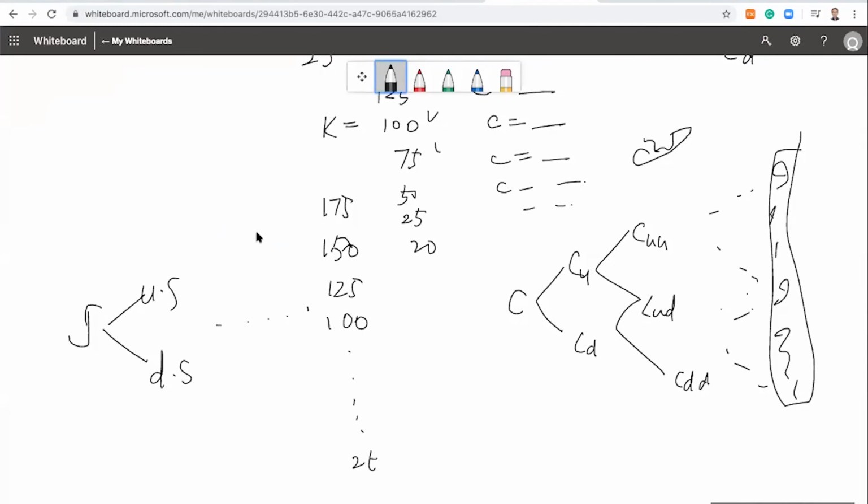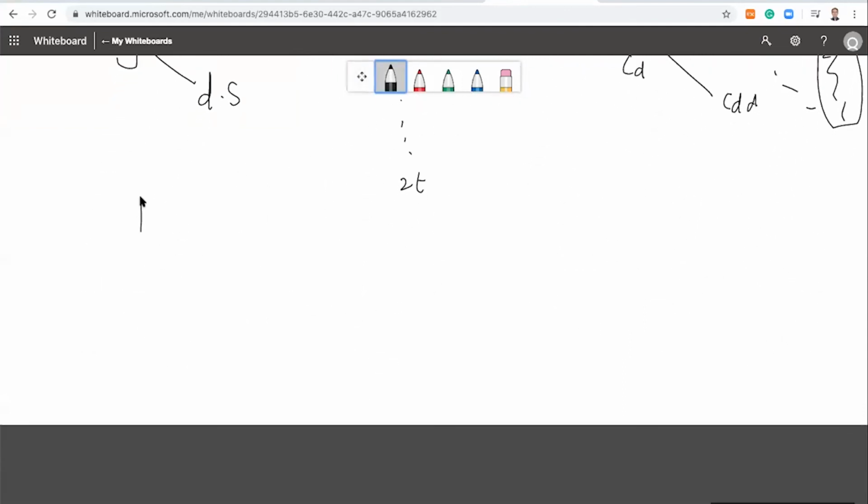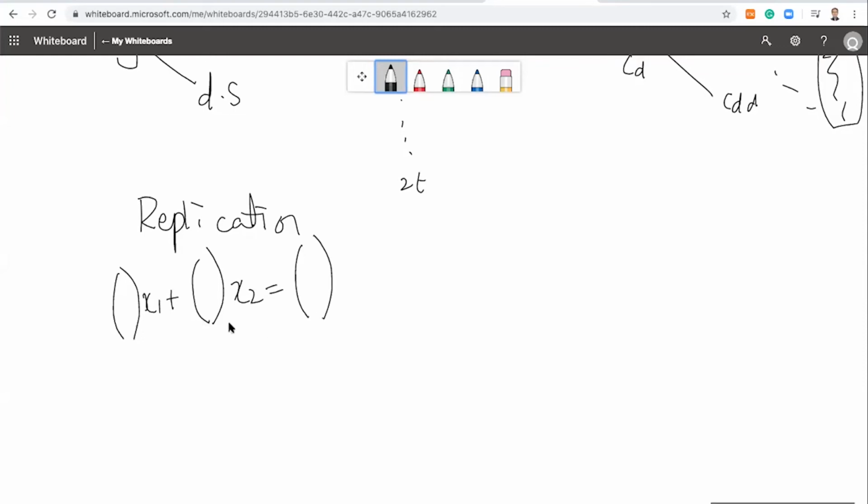So what was the risk neutral valuation formula? We talked about the replication. And this one is, take something and x1 plus, and take something and x2, and to make the third one. And by doing something here, you can get the price. And the second one was the Arrow-Debreu security.